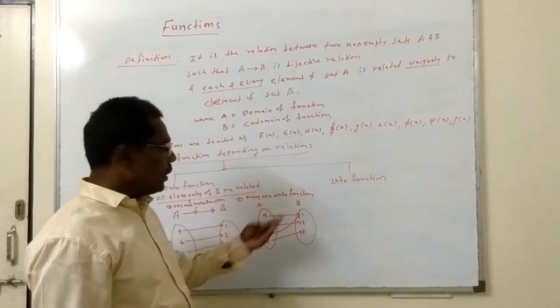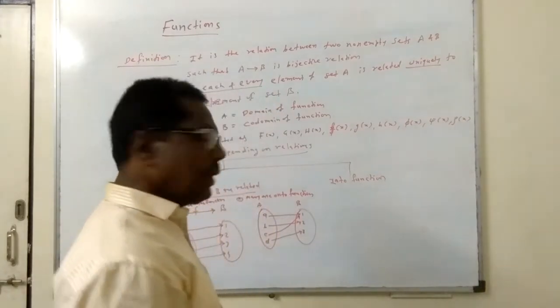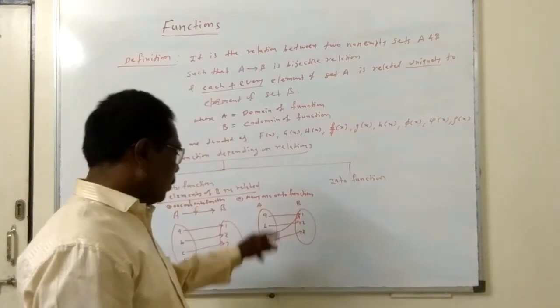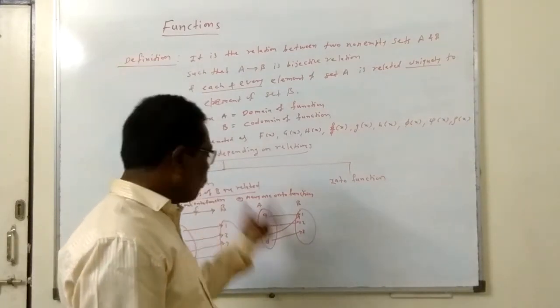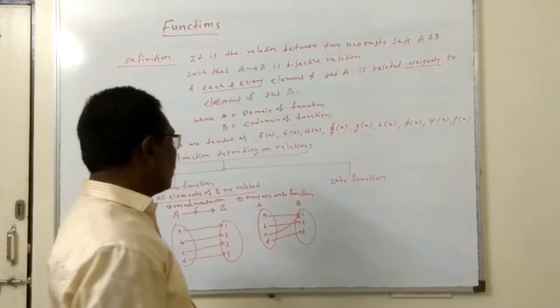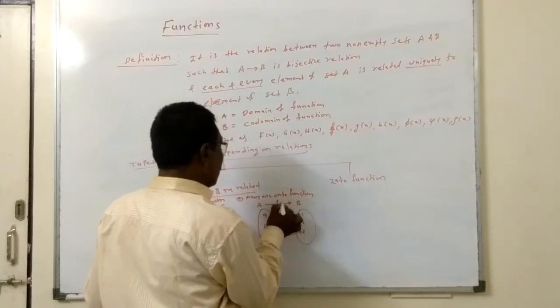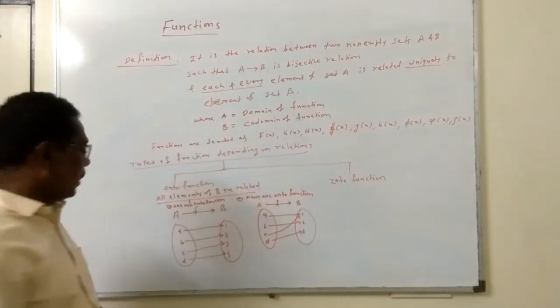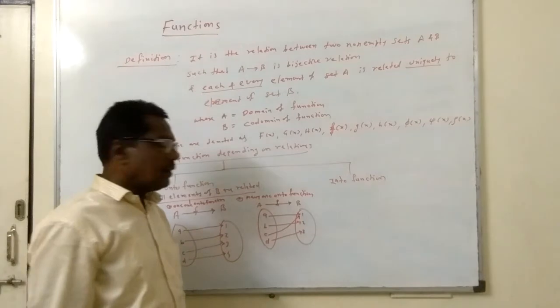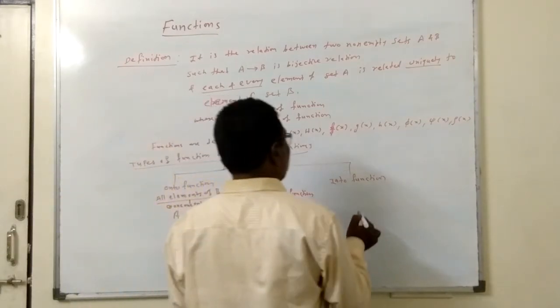So if any one element of B is related to more than one element, maybe 2 or 3, etc., then that function is many-one onto function. So for onto function, all the elements are related, no element is remaining here. So this is the many-one onto function.